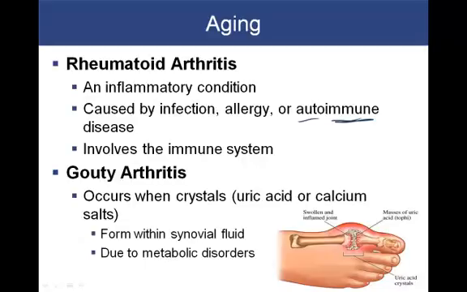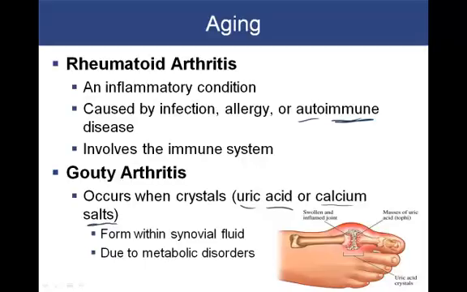Gout, or gouty arthritis, occurs when waste products or any type of excessive byproduct in the body build up and crystallize. Usually gouty arthritis is associated with uric acid, which is a waste product, or calcium salts. When there is an excess of these substances in the body, you end up getting crystals within the synovial fluid, and this can cause a tremendous amount of pain and inflammation due to the fact that the crystals are present.